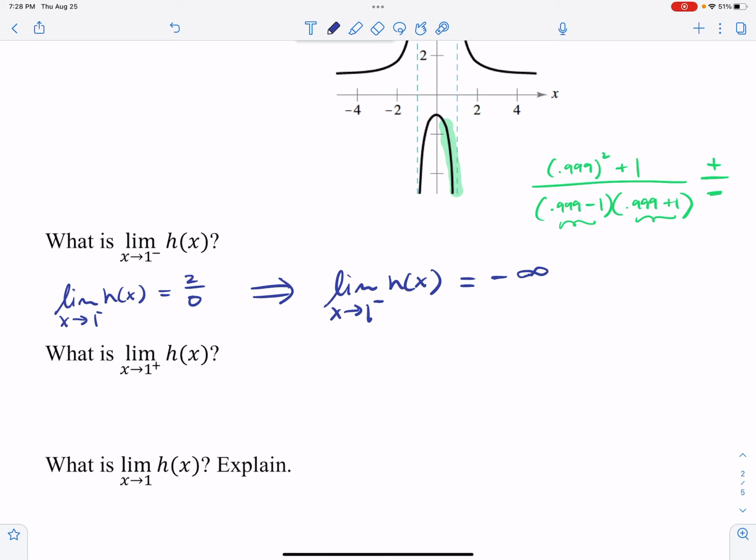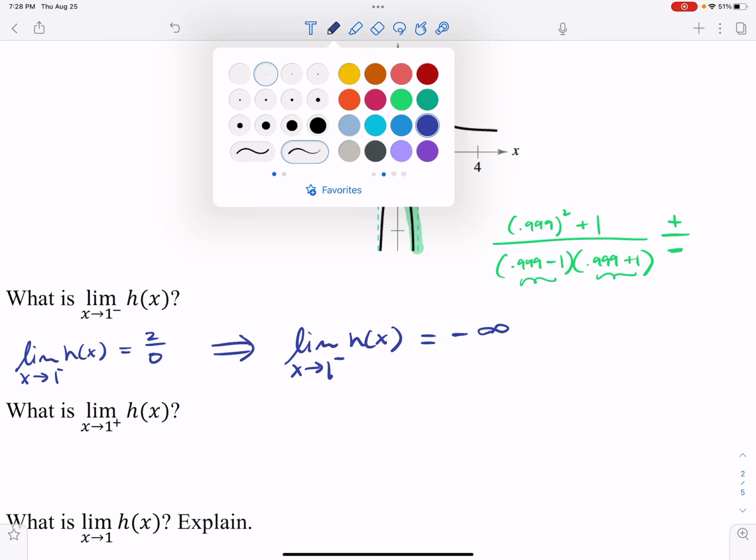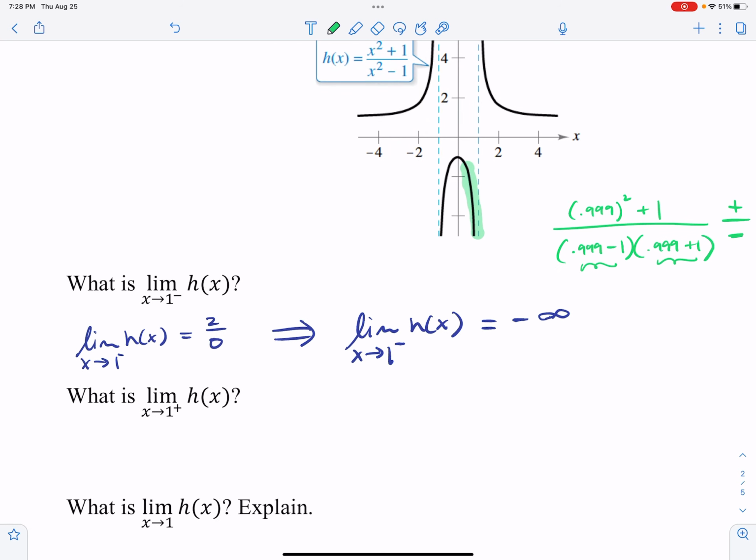So we already know that we run into a non-zero constant over 0. We know there's a vertical asymptote. So if we wanted to choose a value directly to the right of 1, since this is the limit as x approaches 1 from the right, we could do that. So I'm going to pick like 1.001.